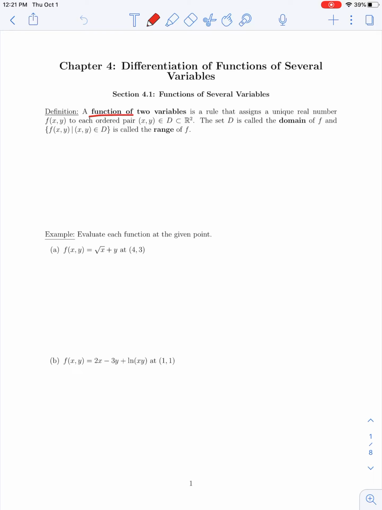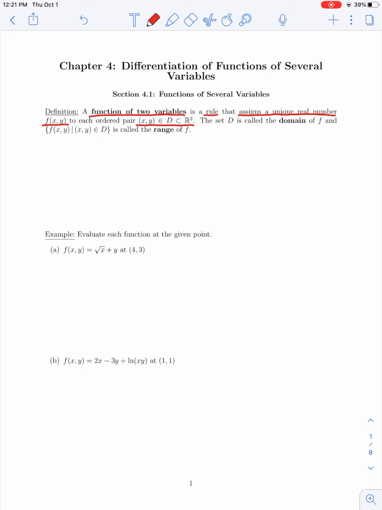So a function of two variables is some rule that assigns a unique real number, which we will denote as f of x, y, to each ordered pair x, y in some set D, which is a subset of the real plane.